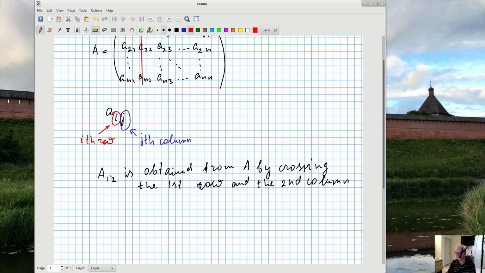Now I can do it for any indices i and j between 1 and n.